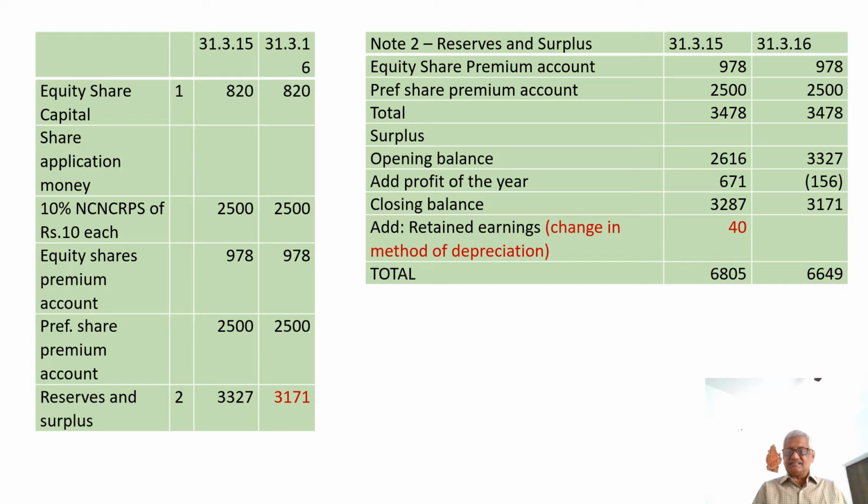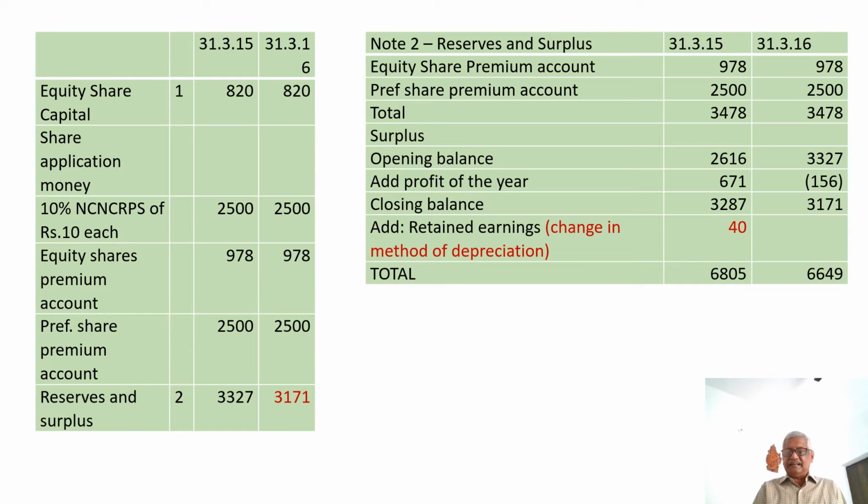Then there is a surplus which gives the opening balance, where the profit is added, making the closing balance 32.87 crores. There is an item mentioned as retained earnings, which is on account of change in method of depreciation. That means the company had changed the method of depreciation of fixed assets. Whenever the company changes the method of depreciation, they have to indicate that separately.